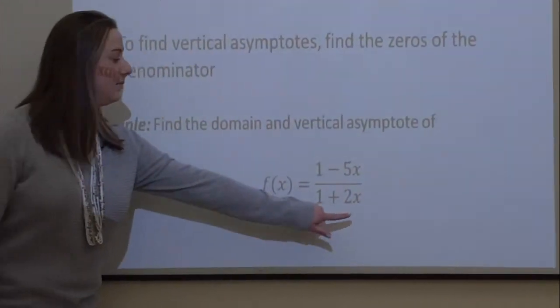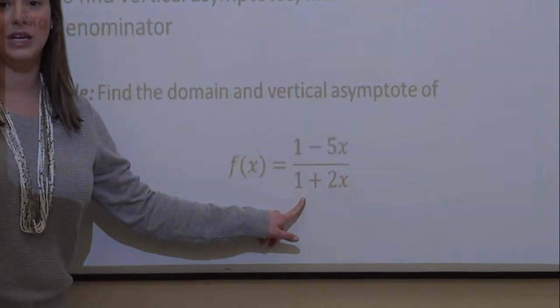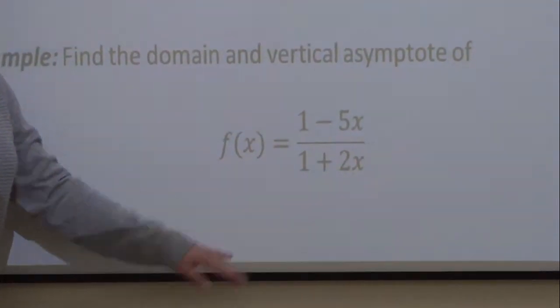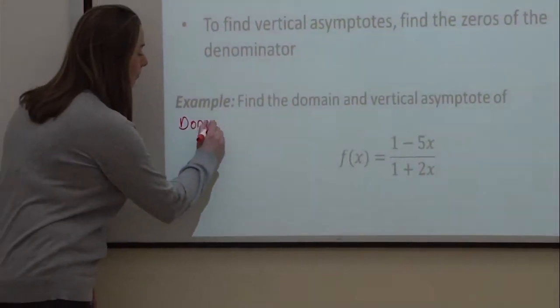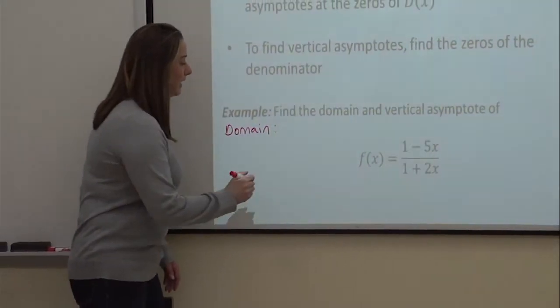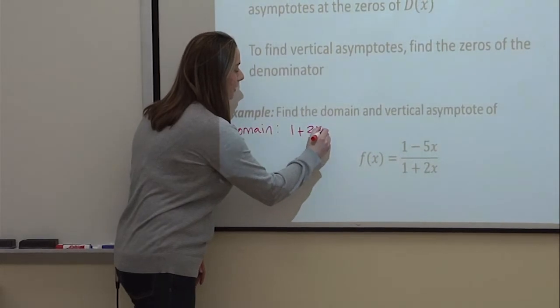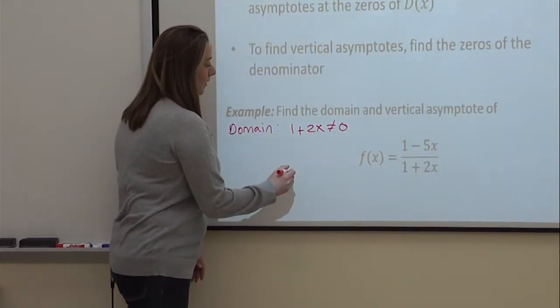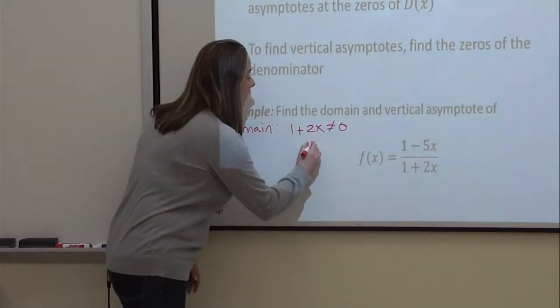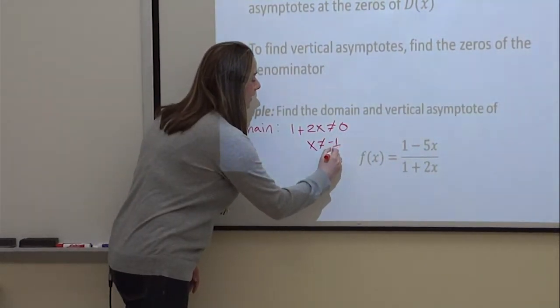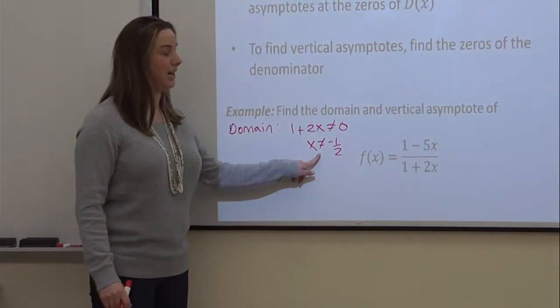Again, I want to examine the denominator, and I want to see for what values this cannot equal 0. If I'm thinking about the domain first, the domain is going to be 1 plus 2x, where this can't equal 0. If I subtract 1 from both sides and divide by 2, I get all reals except x can't equal negative a half.